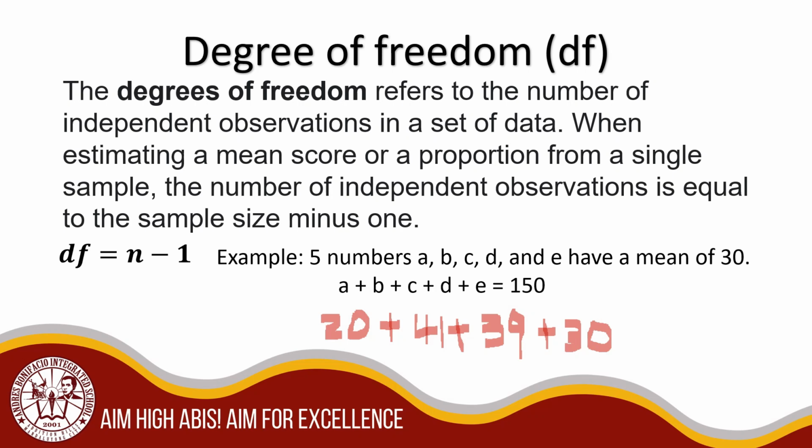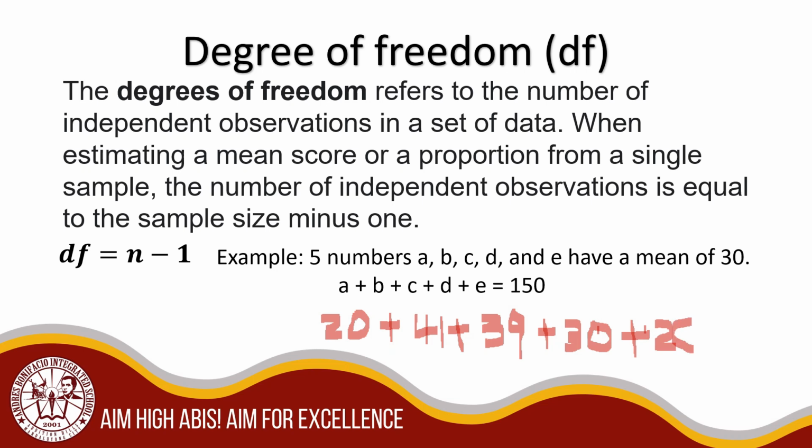Since 150 lang yung total ng 5, ang kulang na lang ay 20. So dun sa E, we are now not independent to choose a value for E. So definitely yung sa E, automatic 20 na yon. So wala nang ibang value ng E kundi yung 20 lang.